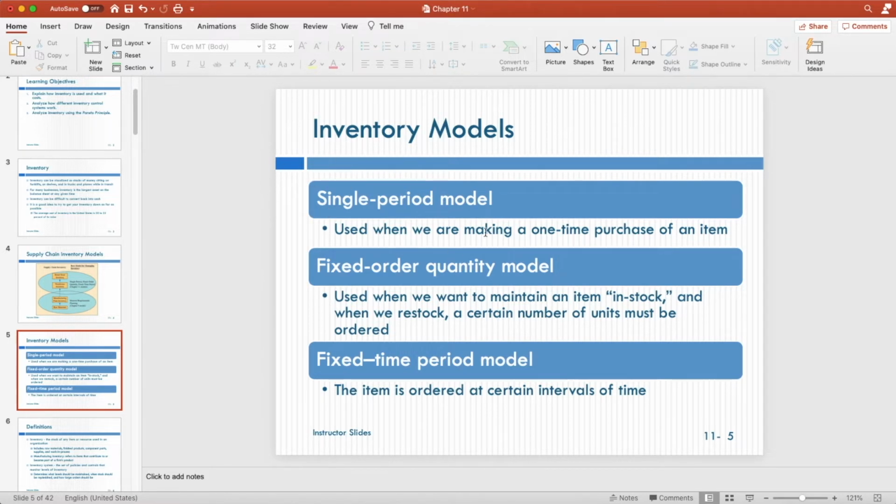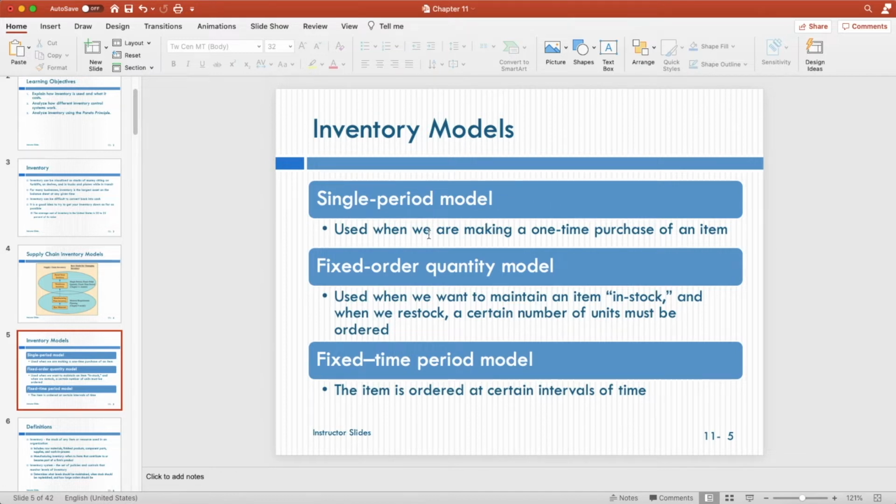The single period model is simpler because you only consider one time ordering procedure. You don't care about how this ordering procedure will affect the next period's ordering procedure. You only care about one time ordering procedure.